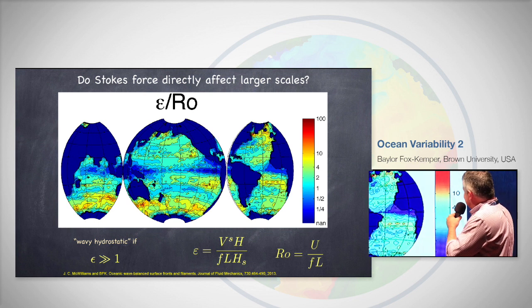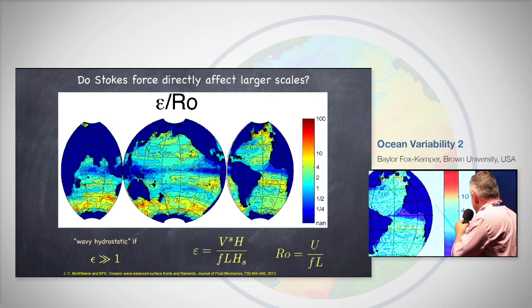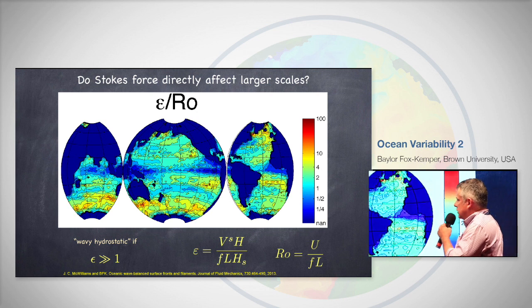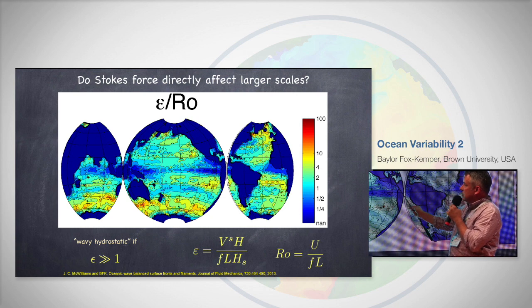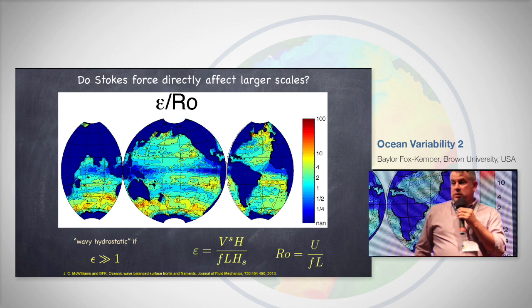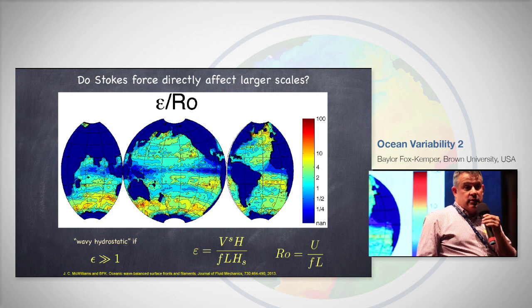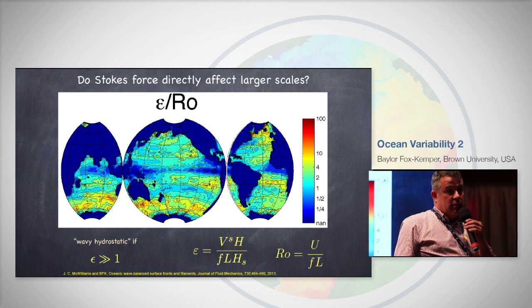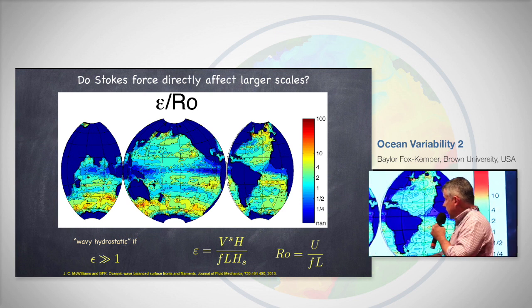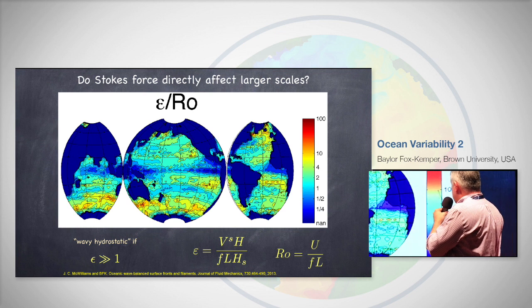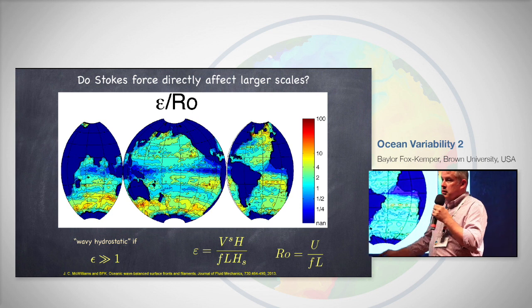This goes from 100 in a few weird spots down to 1/4. So in the tropics, we probably should be more worried about the finite Rossby number effects than the wave effects. But everywhere else, it's 4s and 10s.